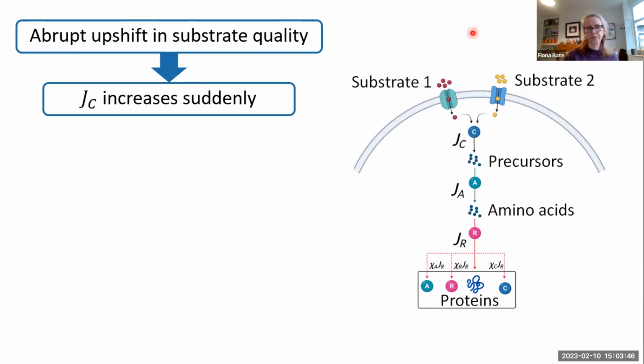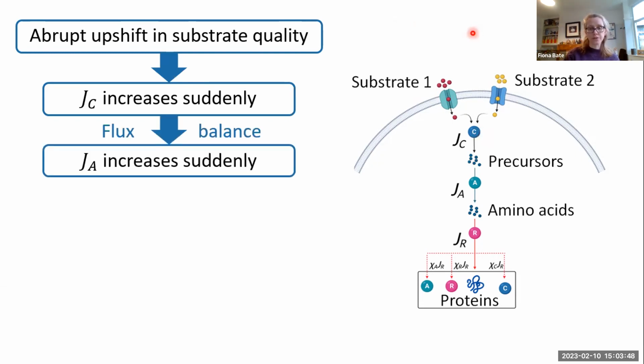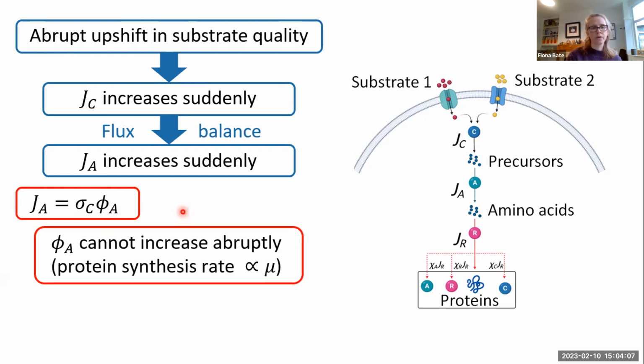Okay, so an abrupt upshift in the substrate quality will lead to this carbon influx here increasing suddenly. And because of flux balance, that also means that JA will increase suddenly, and JR as well. So we know that JA is equal to the amino acid synthesis flux times the mass fraction of the anabolic proteins.